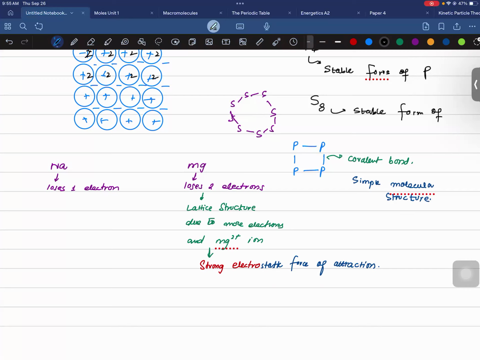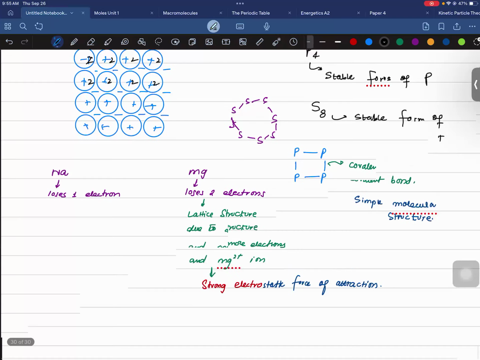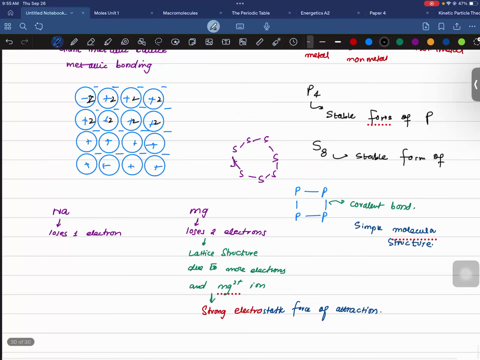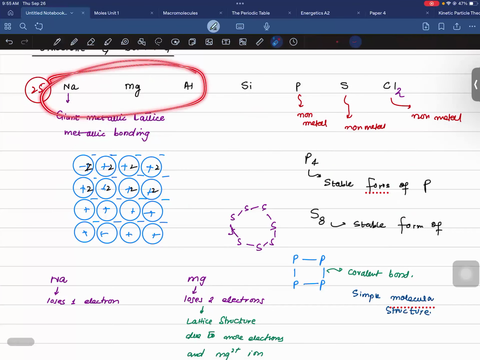And as the attraction increases, they would obviously require more energy to melt and boil. So this is the reason the melting and boiling point increases from sodium to aluminum.